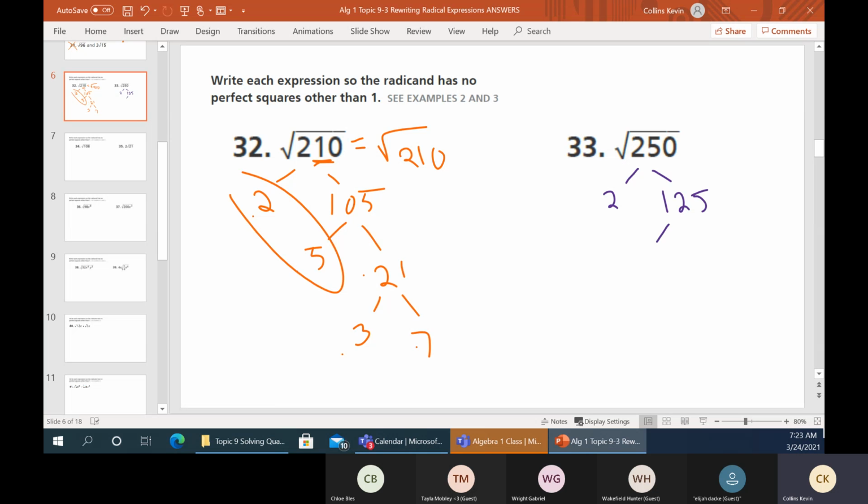And I don't think 3 is going to work. By the way, I don't know if you know the hack for figuring out if something divides by 3. This is if you didn't have a calculator. Here we have 125, right? So what you would do is add the individual digits together.